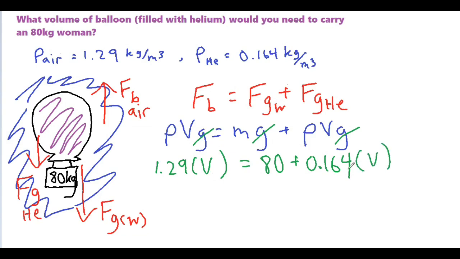Now, these V's, though, happen to be the same, because the amount of helium that we have inside the balloon causes that same amount of air to be displaced. So these V's are actually going to be the same unknown variable. So we can go ahead and subtract 0.164 V from both sides.